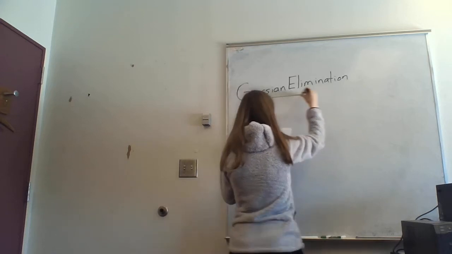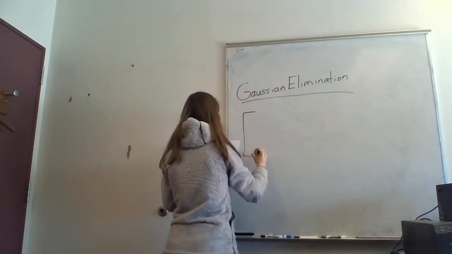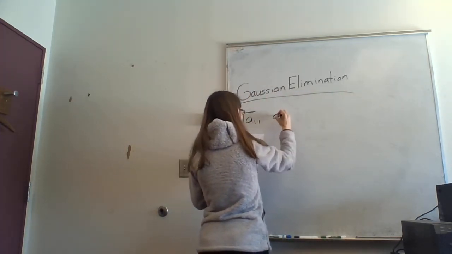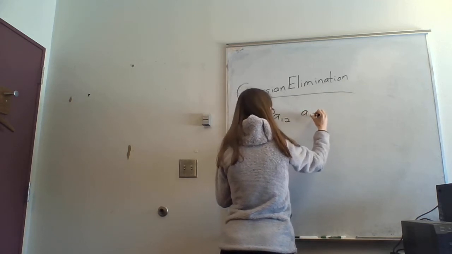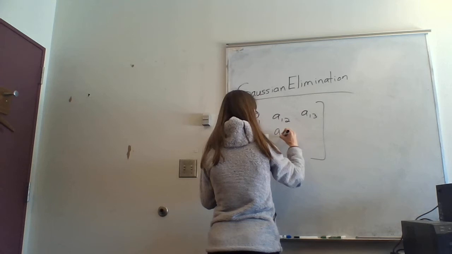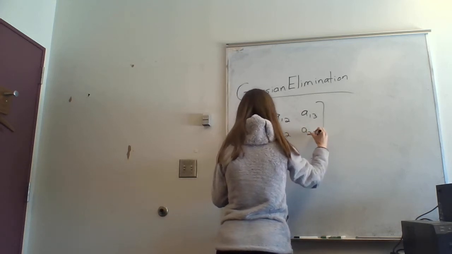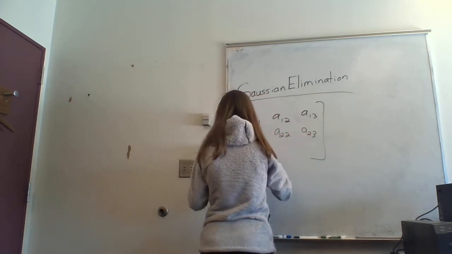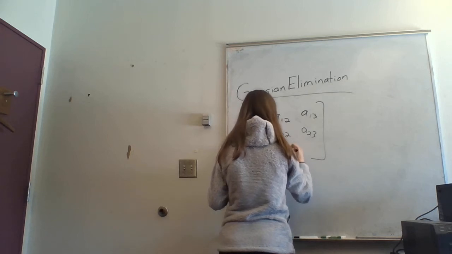What we said last time is that when we have a matrix like A11, A12, A13, A21, A22, A23, and so on, this was just an example 3x3 matrix that we were using.